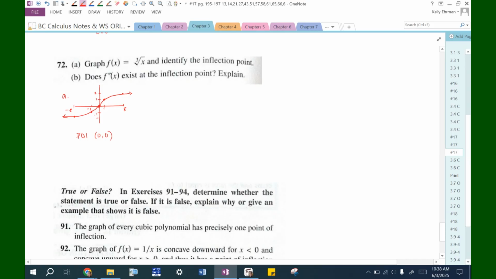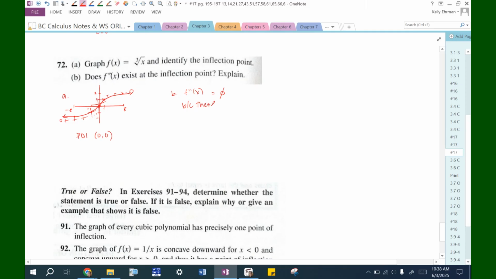Does f double prime exist at the inflection point? We could find f double prime and show that it does not exist, but you're going from slopes that are close to 0 to more and more positive, and then they start tapering off. They're still positive, but they get back to 0. So the closer you get to 0, the higher this number gets. So f double prime of x does not exist because there is a vertical tangent at x equals 0.